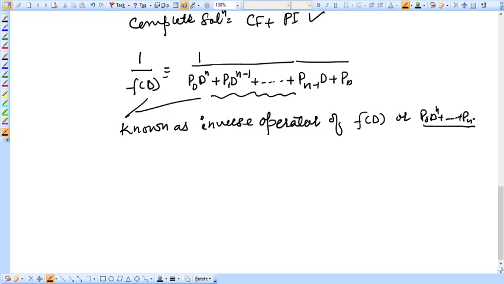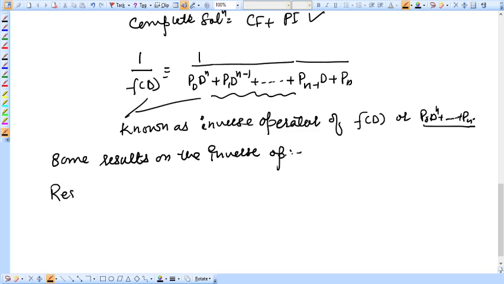Some results on the inverse operator. The first result is: prove that 1 by D of Q is equal to the integration of Q dx.